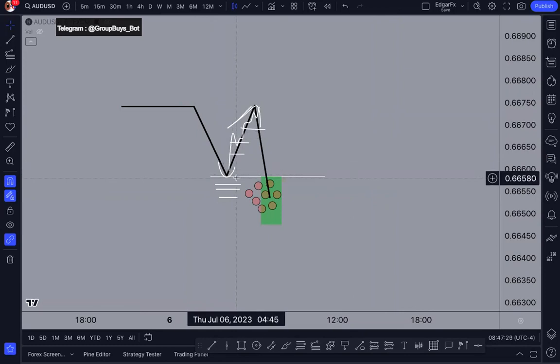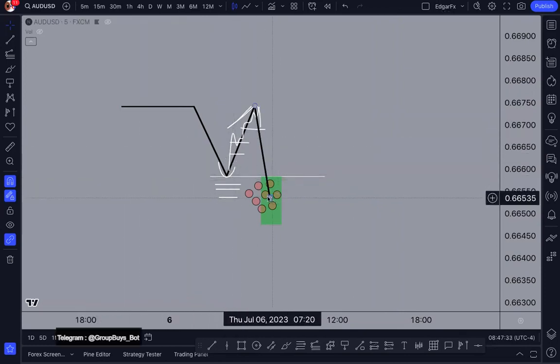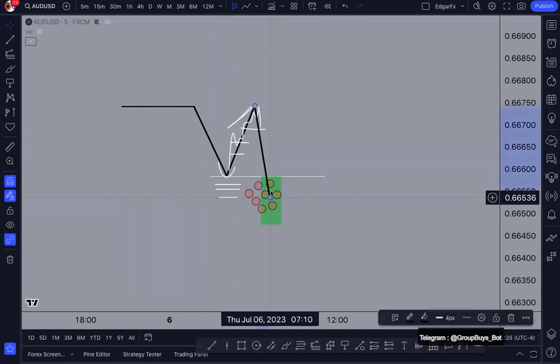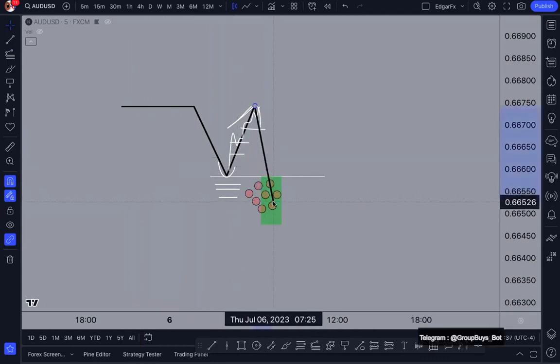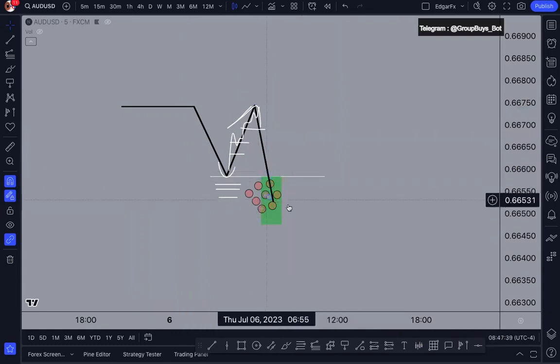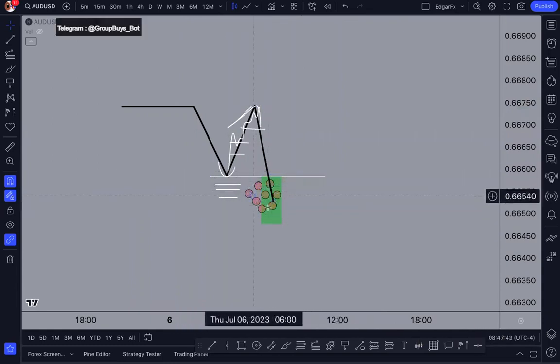Did this run underneath a low? No. Okay. Did this run underneath a low? Yes, it did. So this one's different. See, that is a difference. You can spot that difference.